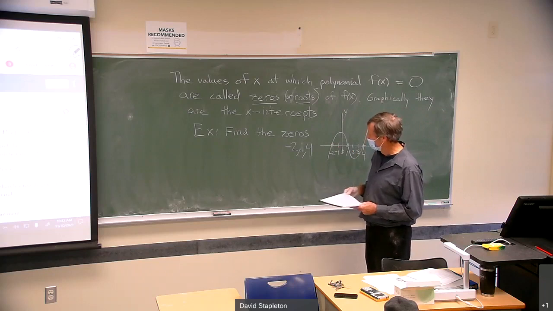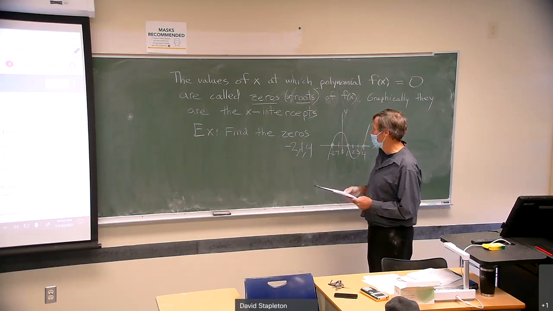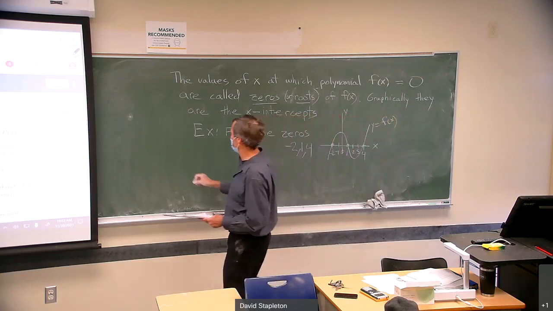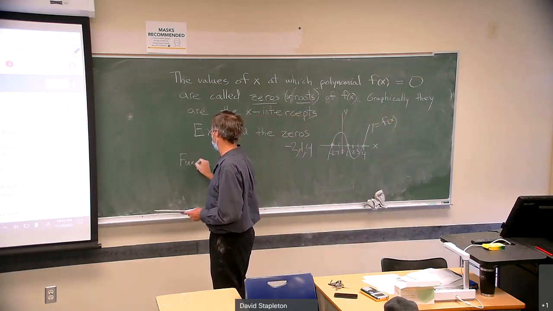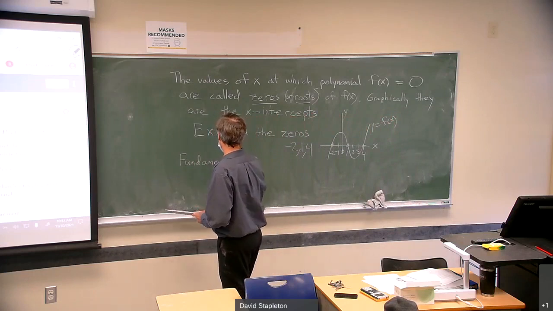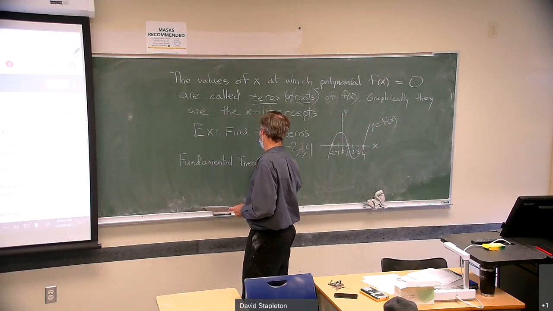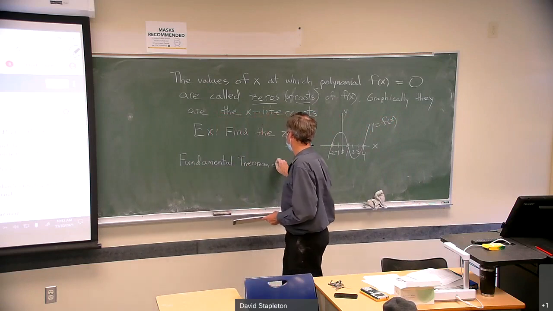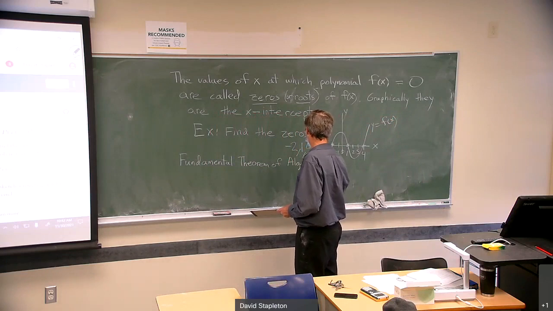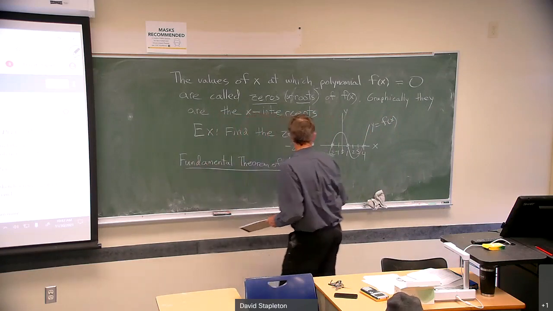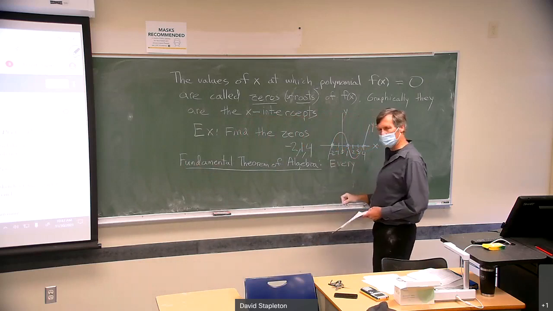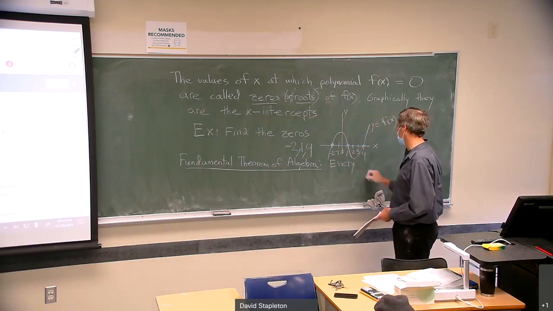And then there's an interesting theorem. This is the fundamental theorem of algebra. How about that? It's often stated two different ways, which makes it kind of confusing. It's not really broken out in the book, so I wanted to make sure I put it in here.